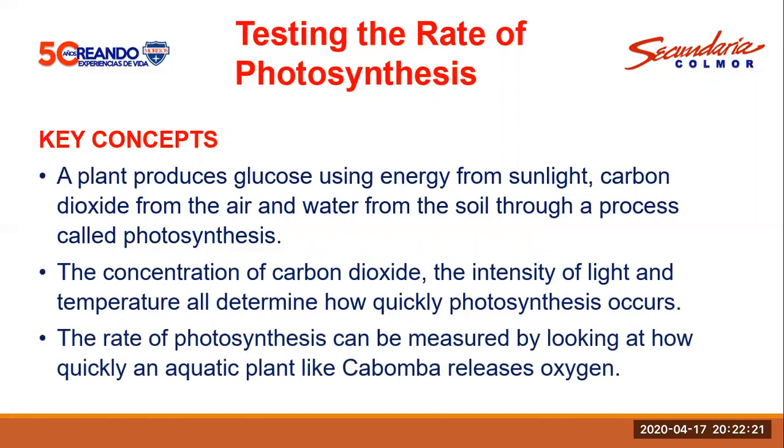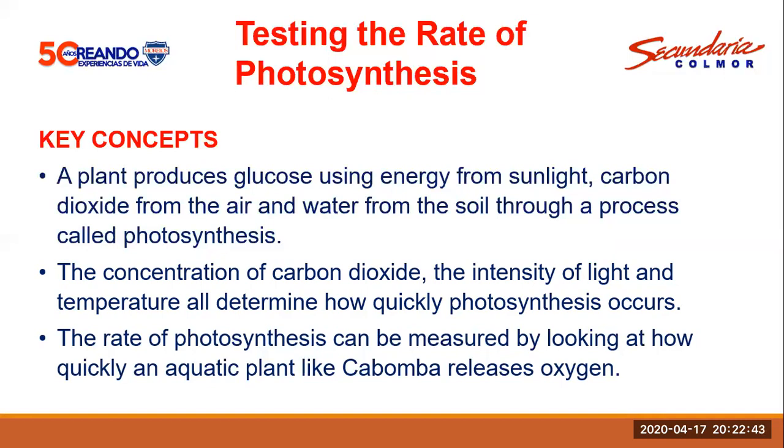Now, the rate of photosynthesis can be measured by looking at how quickly or how slowly an aquatic plant like Cabomba releases oxygen into the water when it is under the process of photosynthesis.